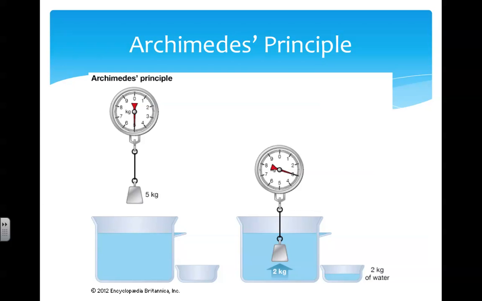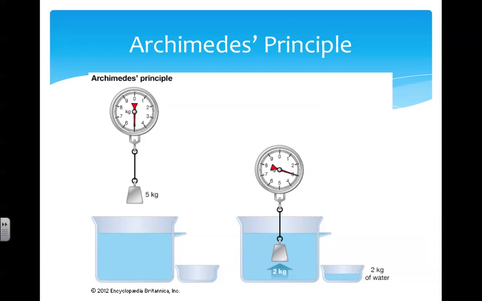This is because placing the object underwater causes the water level to rise or to be displaced. The water that was displaced or overflowed has a total mass of 2 kilograms or 19.6 newtons.